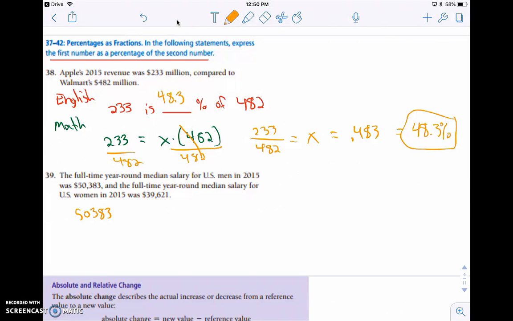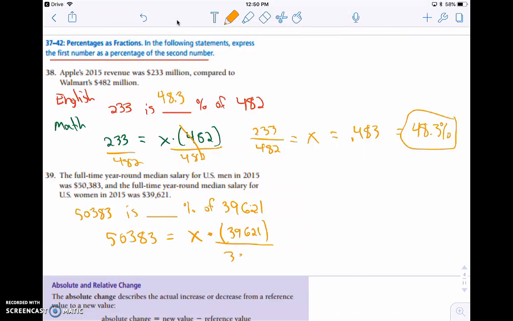So again, we're saying $50,383 is blank percent of $39,621. If we write this out as an equation, 50,383 is equal to an unknown X times 39,621.